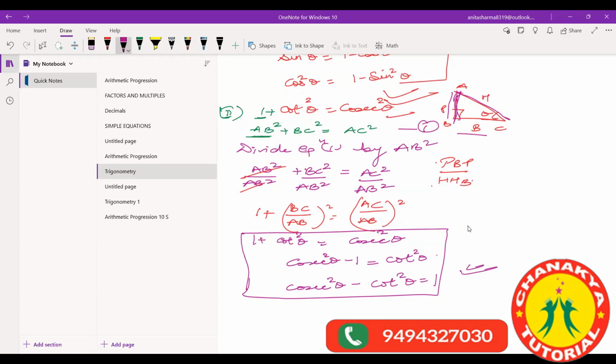Okay, beta? Proof will not come in your exam, I have explained it just for your knowledge. These three identities you need to learn. Sin square theta plus cos square theta is equal to 1. 1 plus cot square theta is equal to cosecant square theta and 1 plus tan square theta is equal to secant square theta.